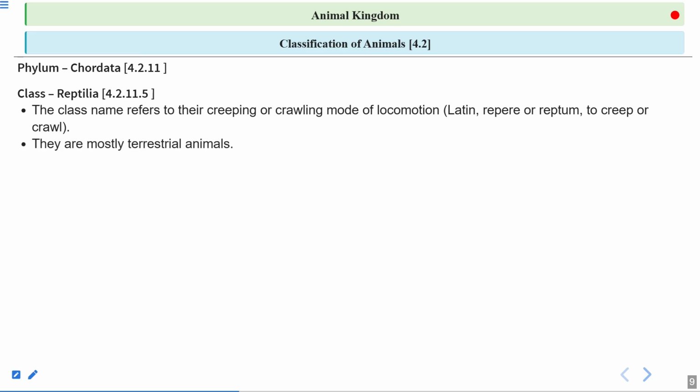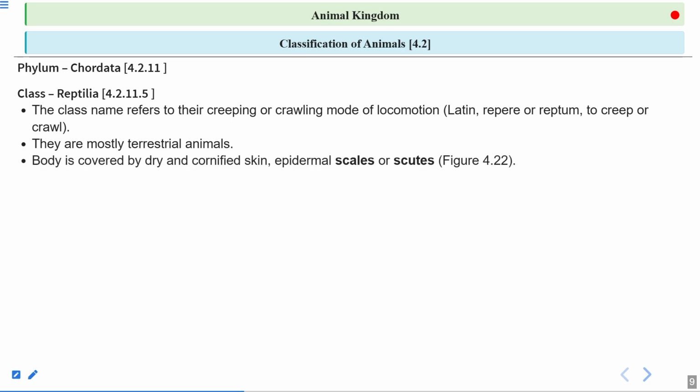They are mostly terrestrial. Okay, Reptilia are mostly terrestrial. Body is covered by dry and cornified skin, epidermal scales or scutes. If you see the body of the reptilia, as they are living on the land, their body cannot be as moist as we see in the case of frog, right?